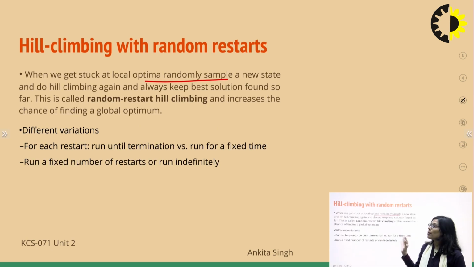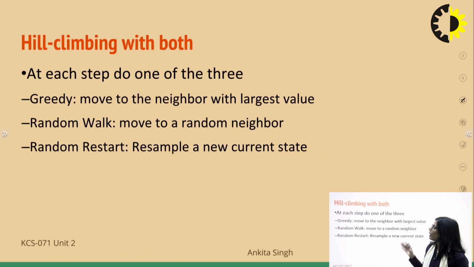But random restart says that whenever you get stuck in a local optimum, you can jump somewhere else with any random node. So this is called the random restart hill climbing algorithm. We can combine these two, random walk and random restart, and we get both. So this was how we tackle the various problems of the hill climbing algorithm.